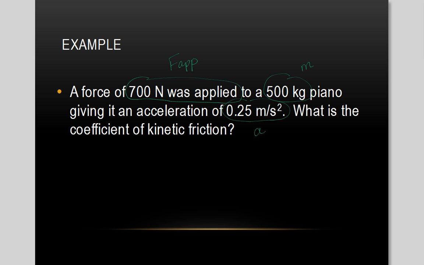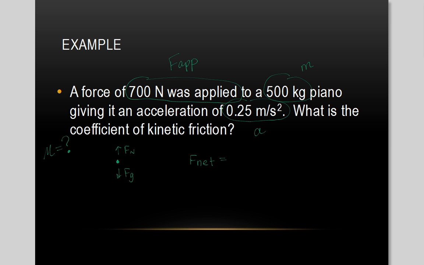And then it says, what is mu? So your job right now is to just draw the free body diagram and come up with an F-net equation. So what do you guys got left and right? Force applied and force of friction.